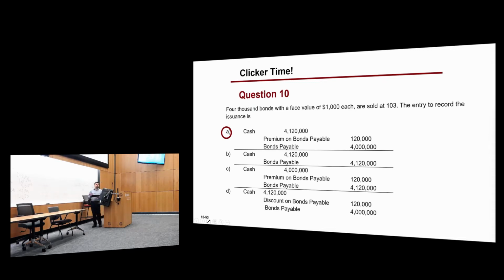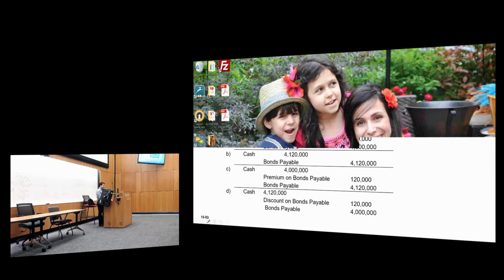Okay? Now, you have to understand something. When the company issues bonds, if they sell it at 100, that's face value.